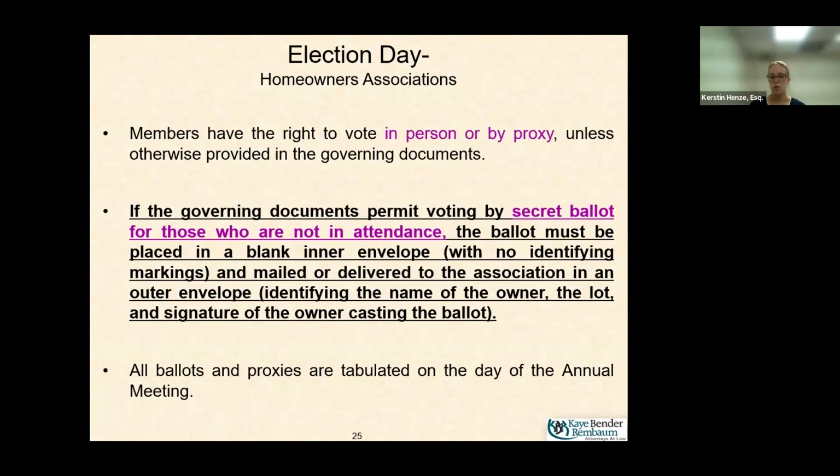With a typical election for HOAs, members have the right to vote in person or by proxy, as in the process that I've just described. Let's say John comes in, checks in, and comes in with, let's say, 5 proxies. These would be typically general proxies.